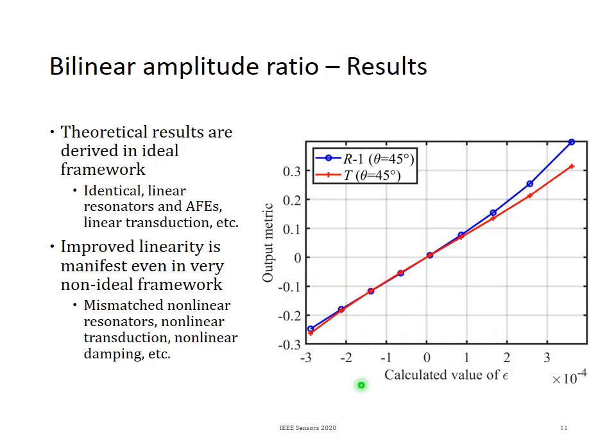So changing the bias voltage of one resonator lets us change the stiffness mismatch epsilon in a controlled way. And for each value of epsilon, we calculate the conventional amplitude ratio, the blue curve, and the bilinear amplitude ratio, the red curve. And here also the improved linearity of the bilinear amplitude ratio is quite manifest.